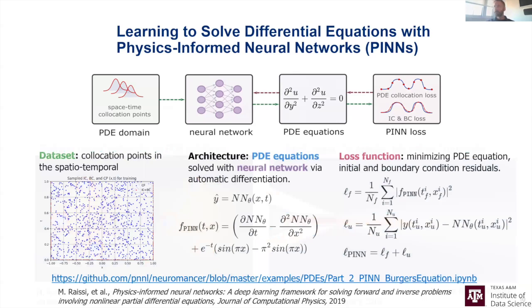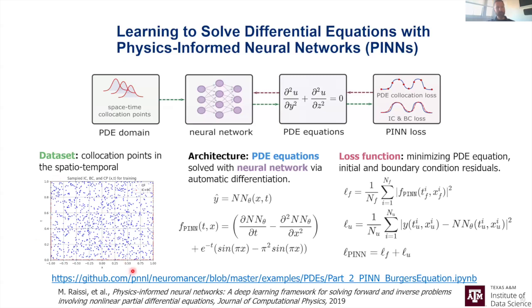How they do that in the vanilla approach, like the original paper, is very simple. You are sampling collocation points in your partial differential equation domain, which are typically some spatial and temporal coordinates.